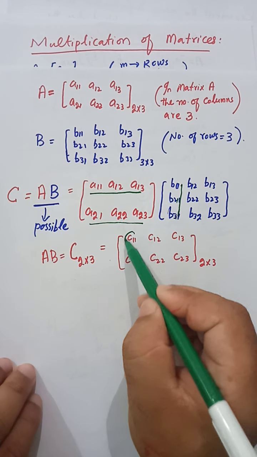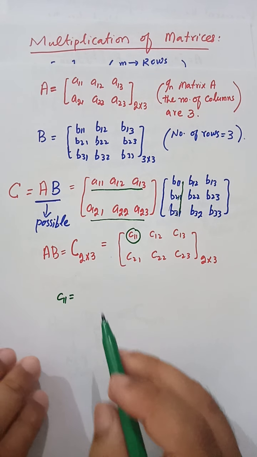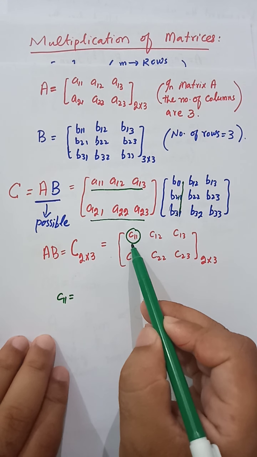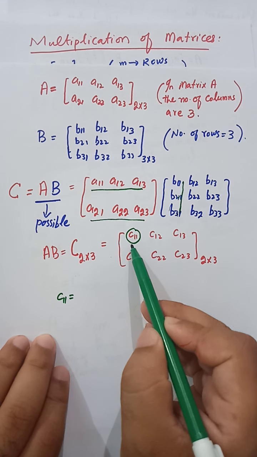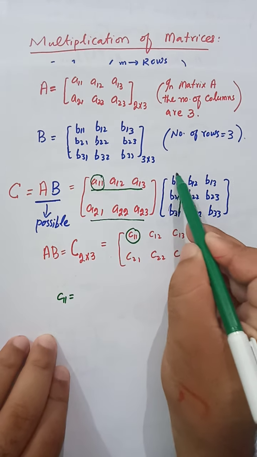So how can you get this C11? C11 actually comes from the sum of the products of corresponding elements of the first row and first column. You multiply this A11 with B11.